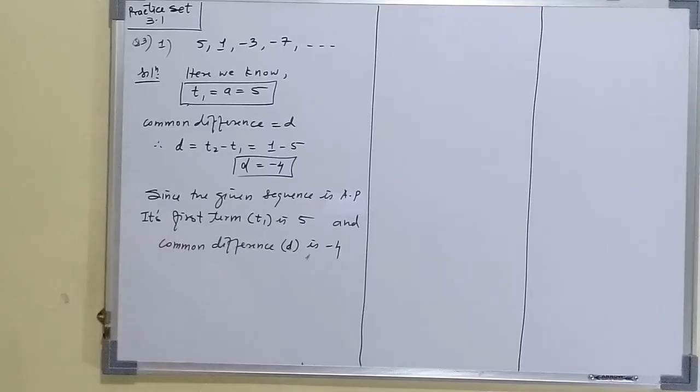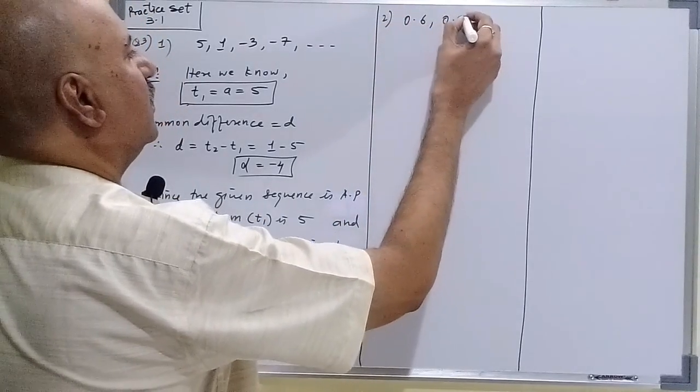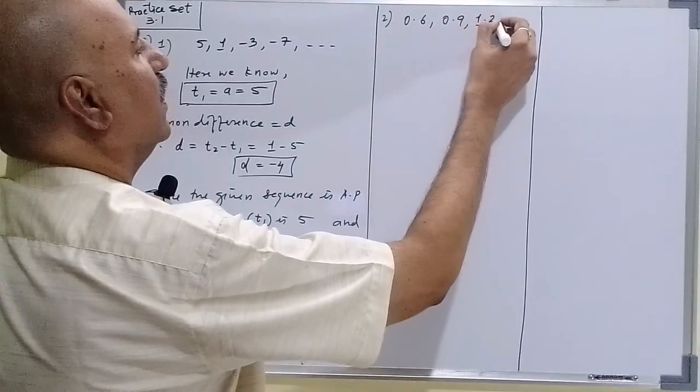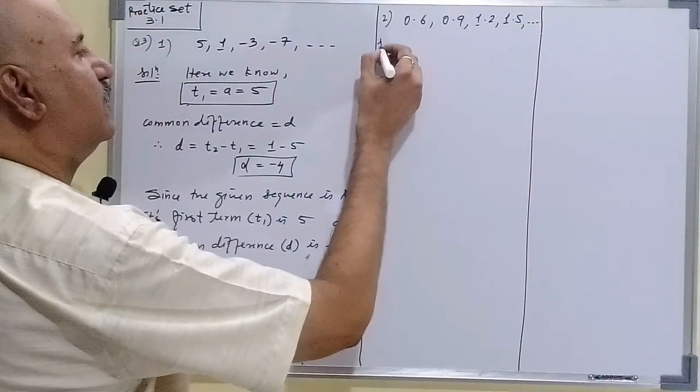Go for next question. उन्हें दिया है 0.6, 0.9, 1.2, 1.5. Next question is 0.6, 0.9, 1.2 and 1.5, comma, dot, dot, dot. Solution.